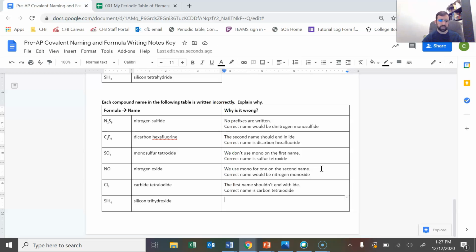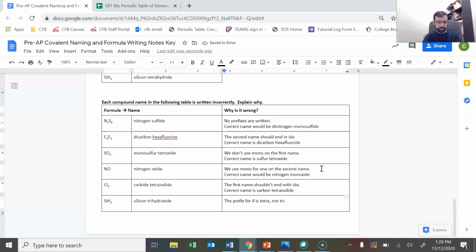SiH4 is silicon trihydroxide. What's wrong with this? There's actually two mistakes. All right, first of all, the prefix for 4 is tetra, not tri.